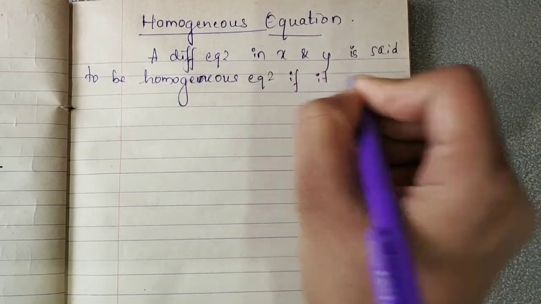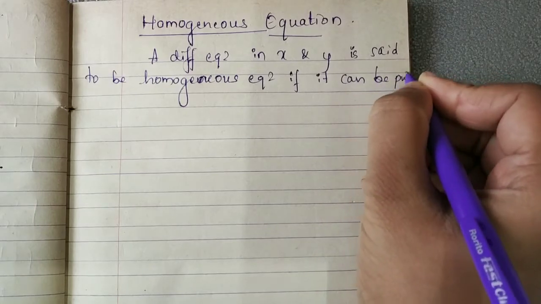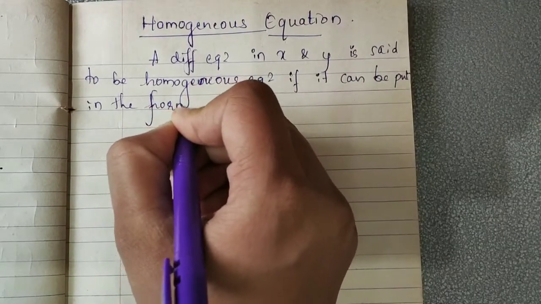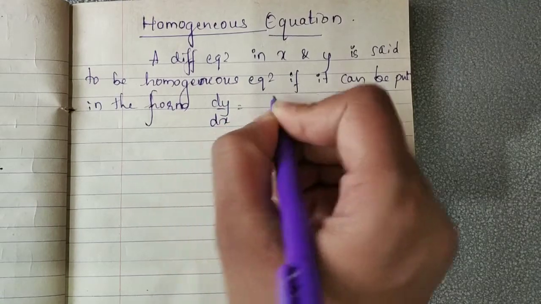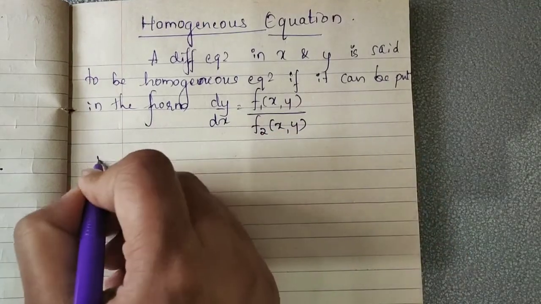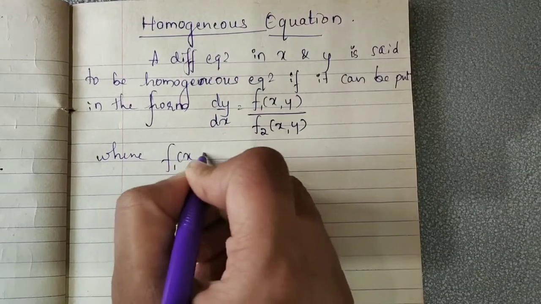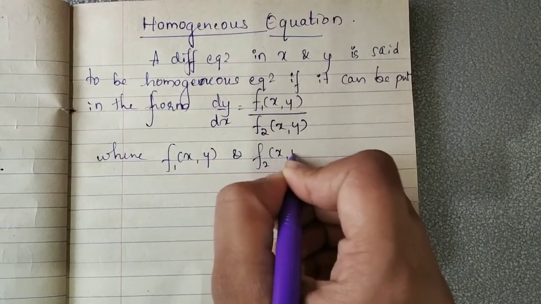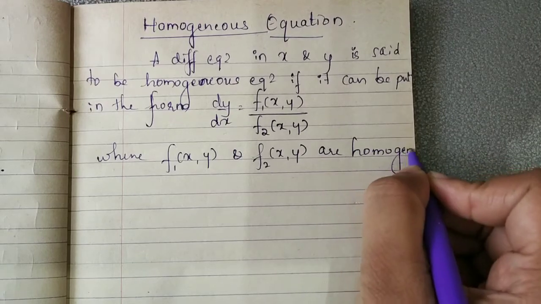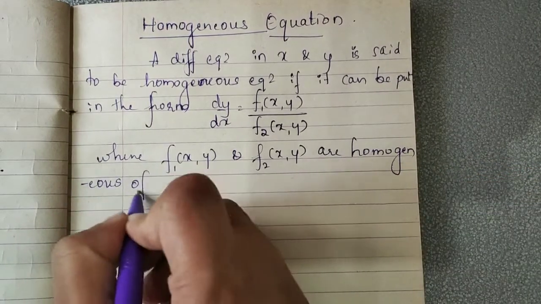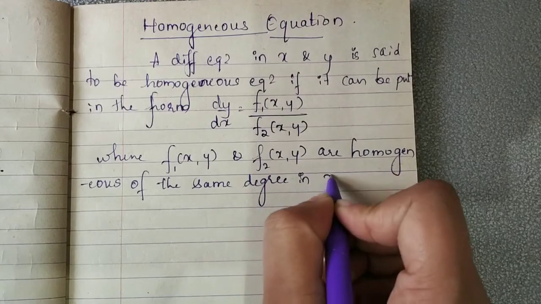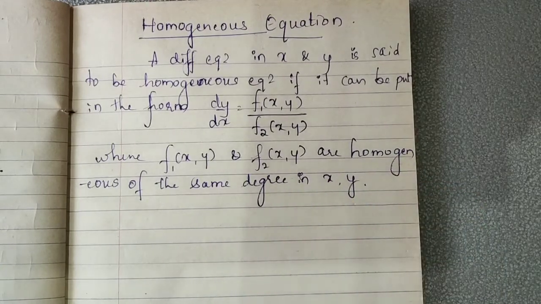If it can be put in the form dy by dx equal to f1 of x comma y divided by f2 of x comma y, where f1 of x comma y and f2 of x comma y, both are the functions in x and y, are homogeneous of the same degree in x and y. Okay?